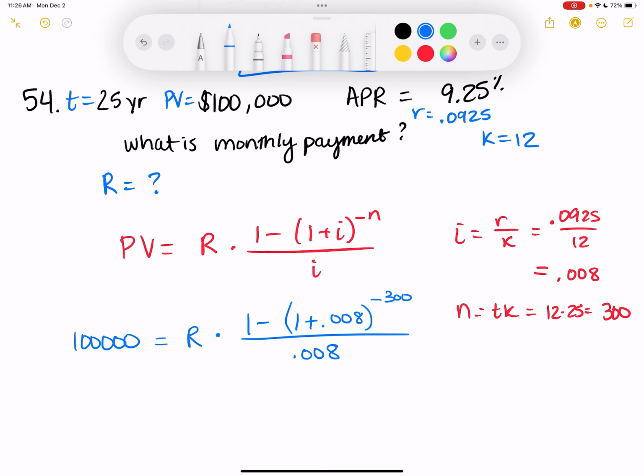Probably the easiest way is to multiply this 0.008 times the 100,000. What do we get when we do that?